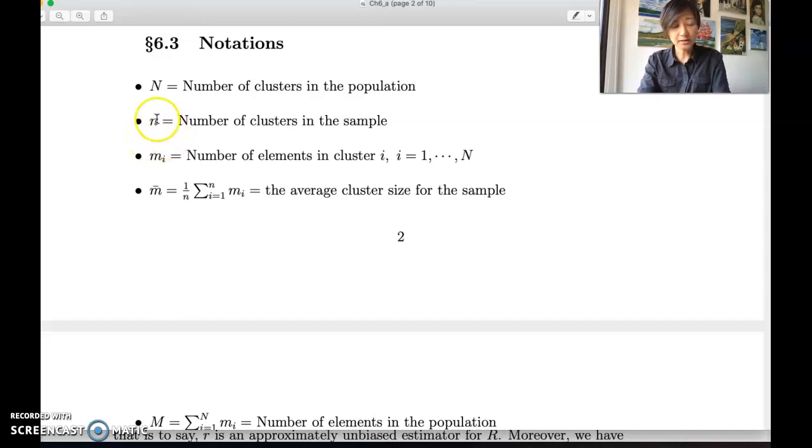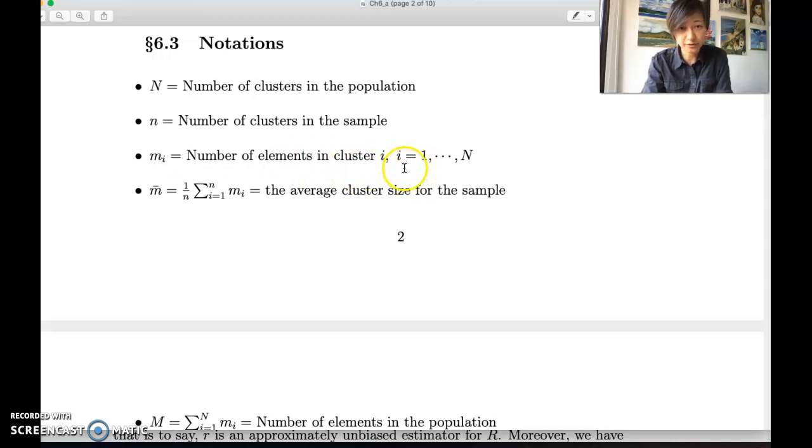Okay, and when we refer back to the previous sampling schemes, we were more focusing on the element or each of the individuals. Within cluster sampling, we look at little m to indicate how many elements are in each cluster. So for example, mi will indicate for each cluster how many elements or individuals are within that particular cluster.